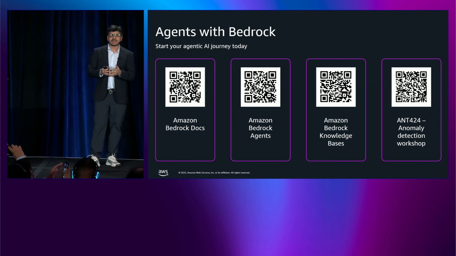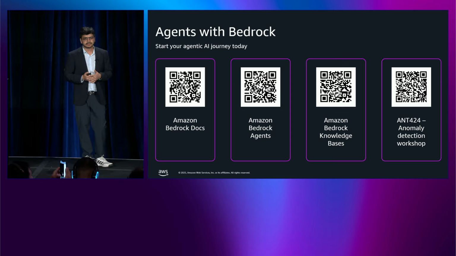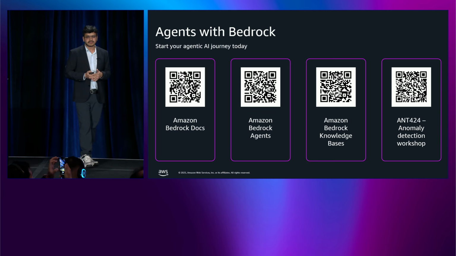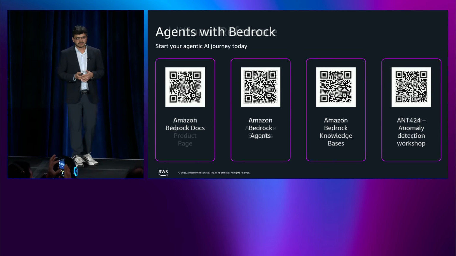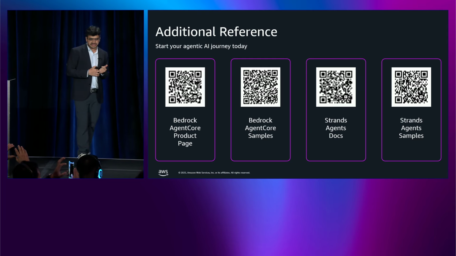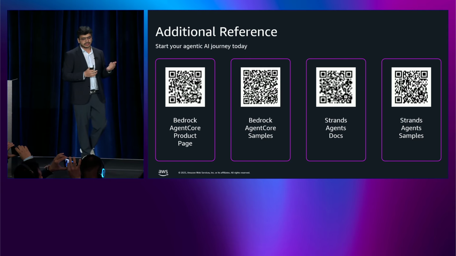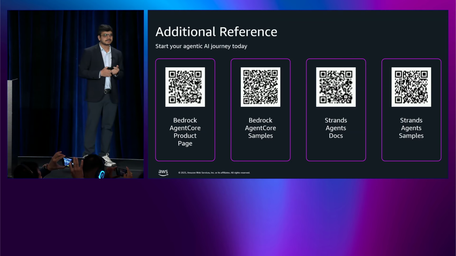So the demo we had, you can also look through that and see how you can implement it into your own system as well. And a few other resources we have with respect to Bedrock AgentCore and the agents which Rahul was talking about. So you can look through those and implement it.